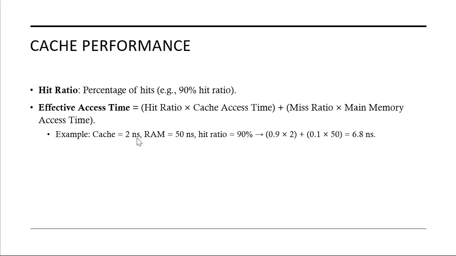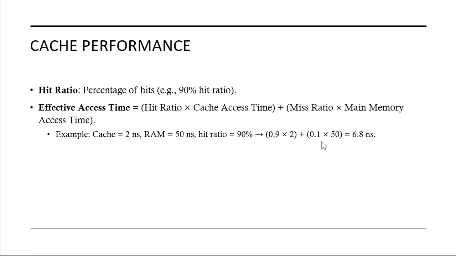This NS here stands for nanoseconds, because that's how we calculate the time. For the RAM access time, or the main memory access time, it's 50 nanoseconds, and they give us the hit ratio to be 90%.